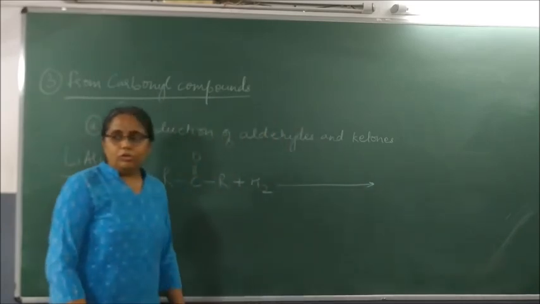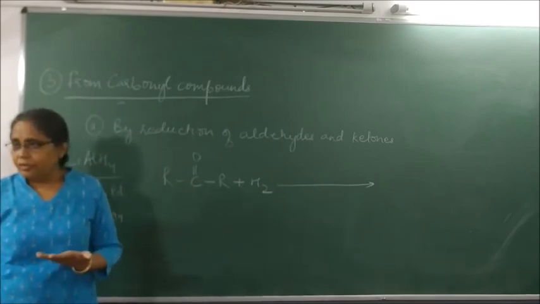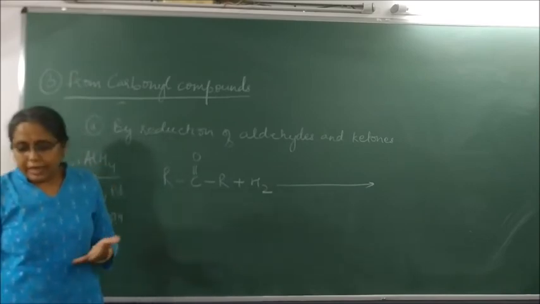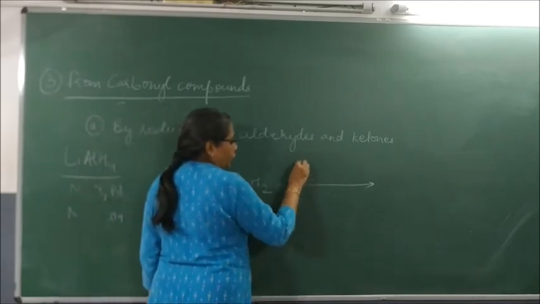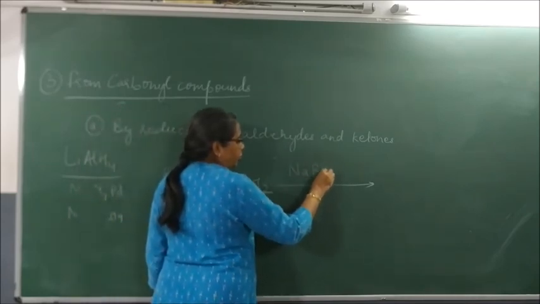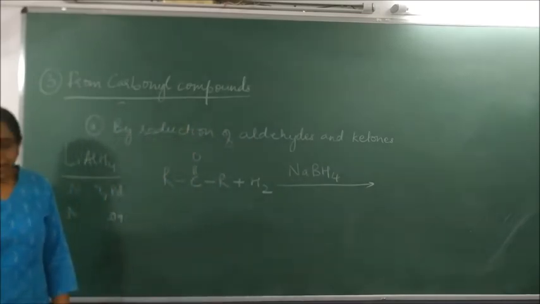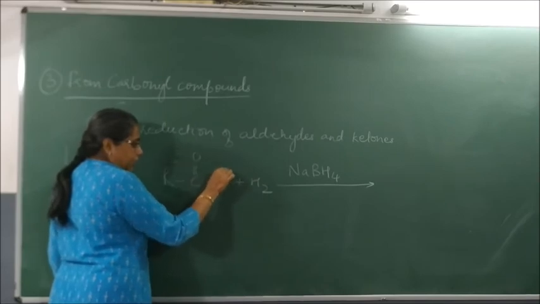This reaction can also be done in presence of platinum, palladium, nickel, NaBH4, Na with ethanol, any reducing agent. In our textbook it says NaBH4. NaBH4 is what? Sodium borohydride. Now let us make this as R dash.